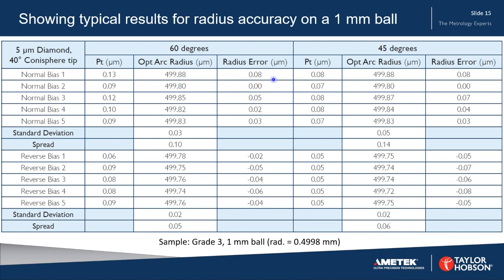And in each case, the radius error is very, very small indeed. The maximum we have here is 80 nanometers, and the maximum again here we have is 80 nanometers. So we can have confidence in the results we're looking at.